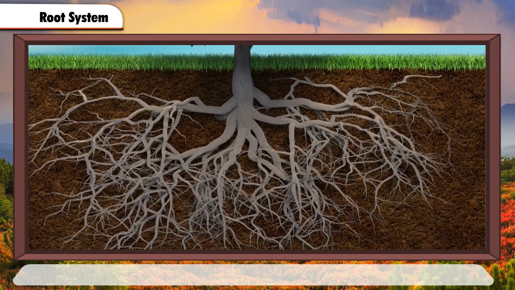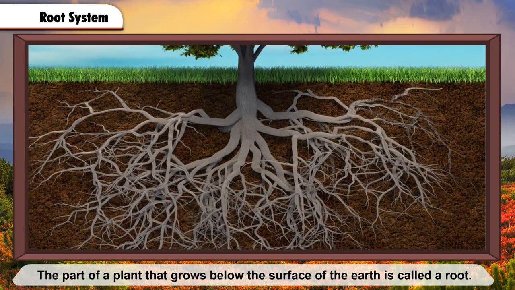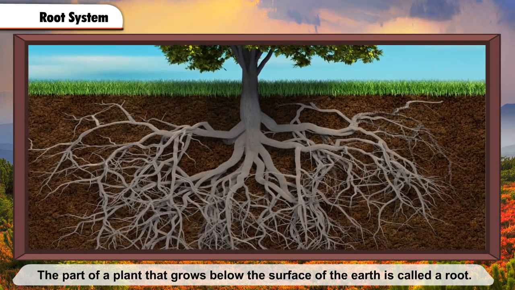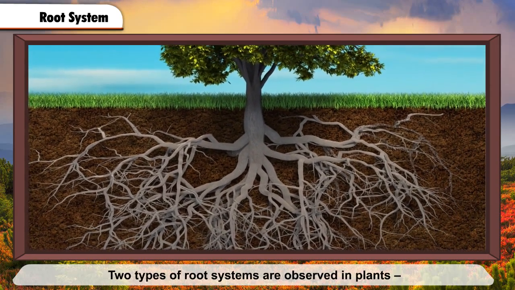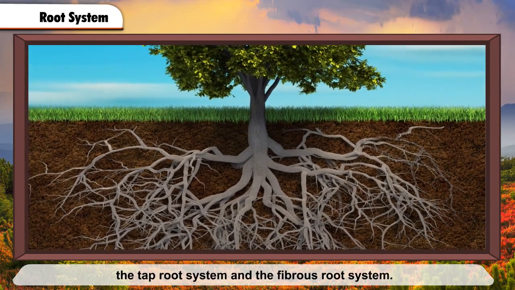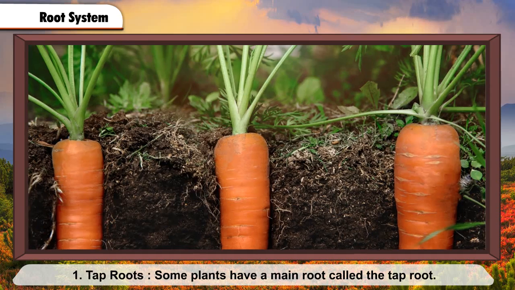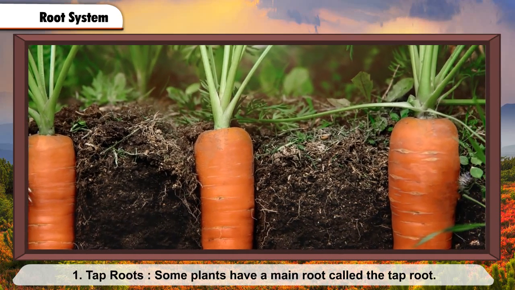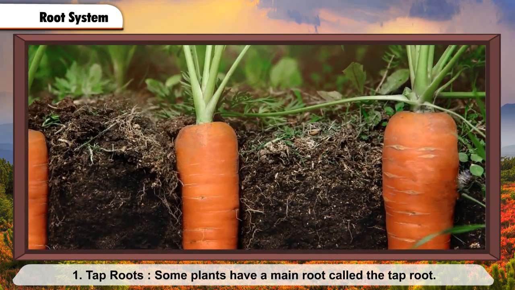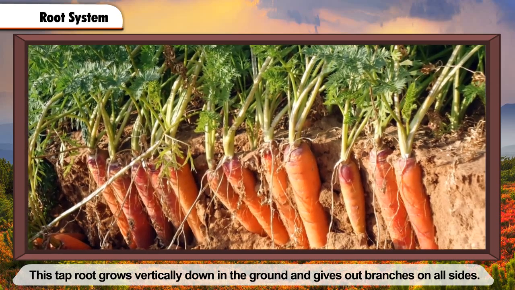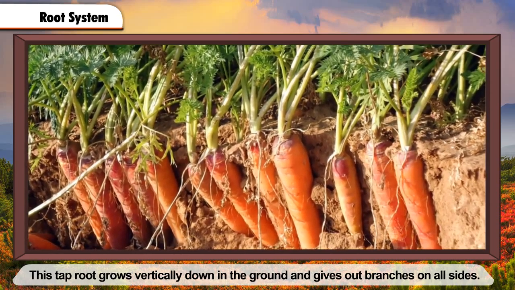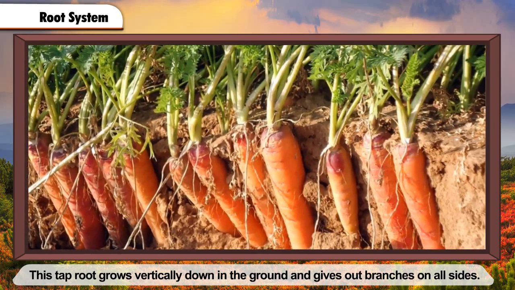Root system. The part of a plant that grows below the surface of the earth is called a root. Two types of root systems are observed in plants: the taproot system and the fibrous root system. 1. Taproots. Some plants have a main root called the taproot. This taproot grows vertically down in the ground and gives out branches on all sides.